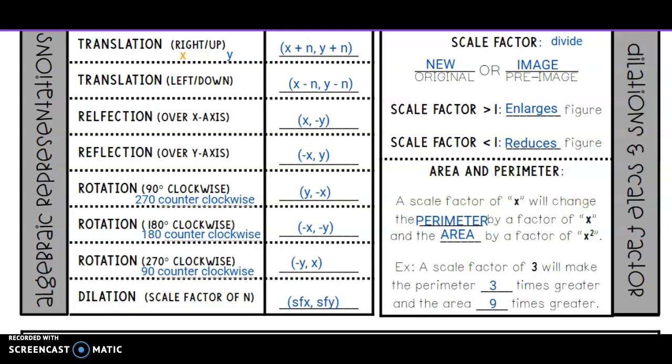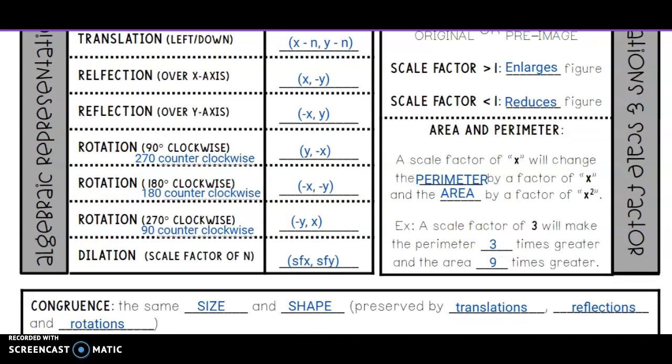So for example, if your scale factor is 3, then you take the perimeter for the pre-image and multiply it by 3. That's how much larger the perimeter will change. Now the area, you take the area of the pre-image and multiply it by the scale factor squared. So 3 times 3, or 3 squared, is 9. That is how you find the area of the new image.